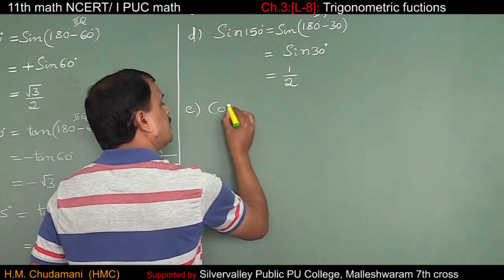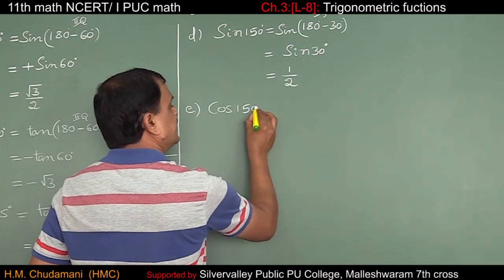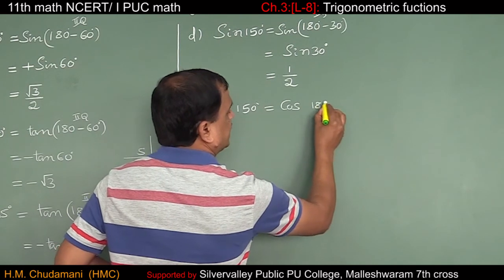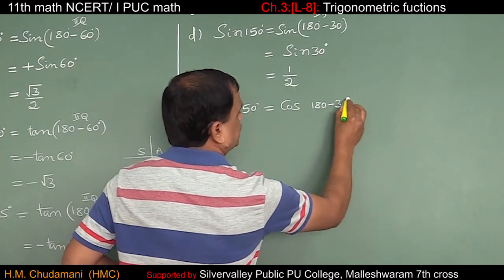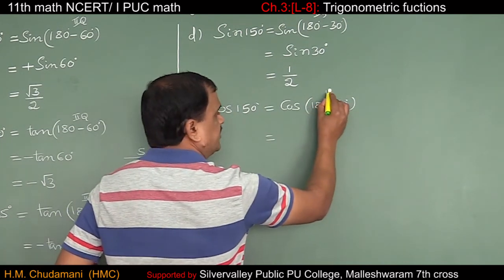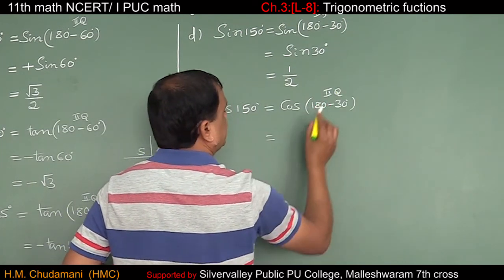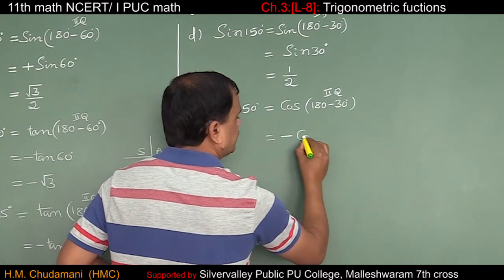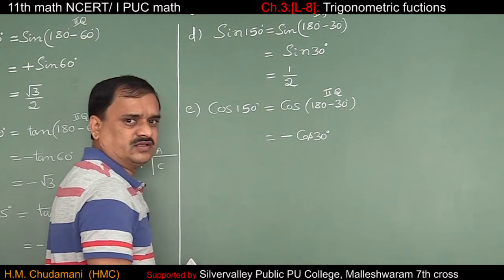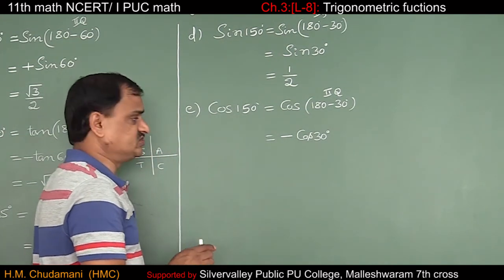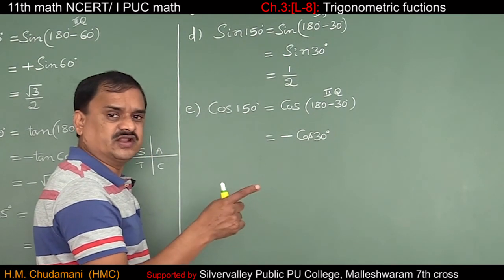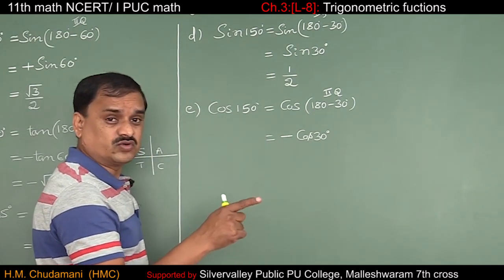Then cos 150 degree. 150 can be written as 180 minus 30. So in the second quadrant, cos should be negative. That is minus cos 30 degree, since only sine and cosecant are positive. Cos 30 degree is the same as sine 60 degree, because a plus b is equal to 90 degree.